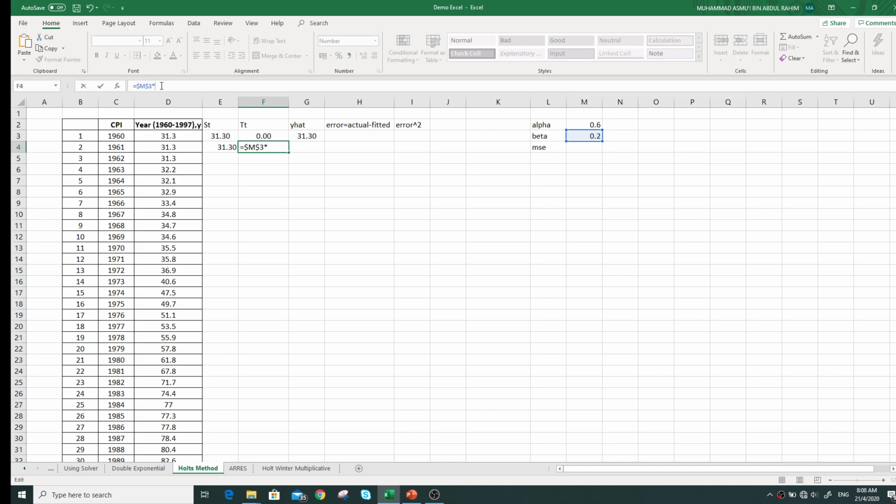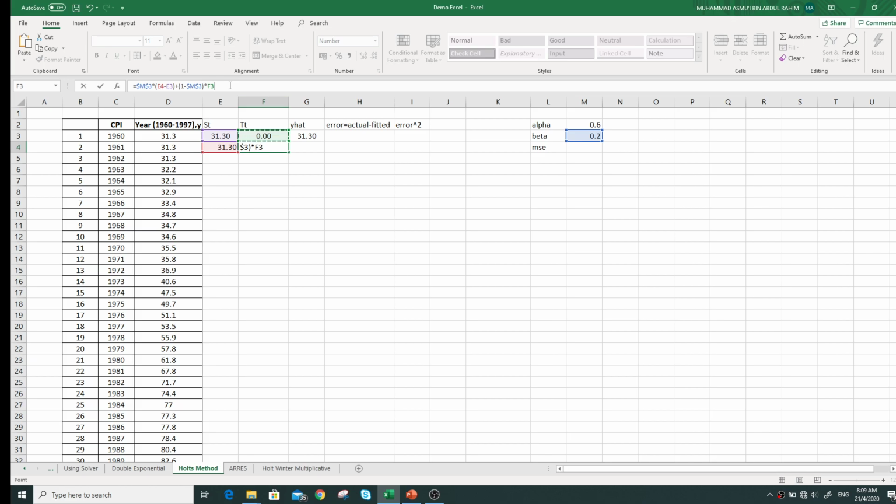Times S_t. S_t here is our current period, S2, minus the previous period S_t minus 1, plus 1 minus beta times T_t minus 1, the previous trend component estimate.